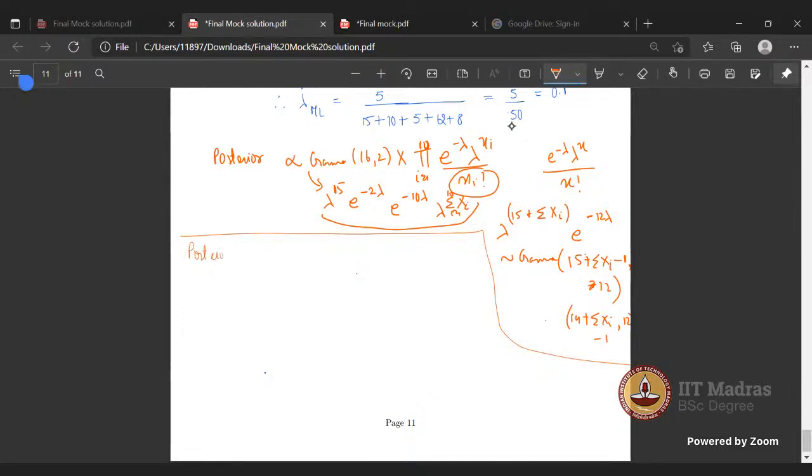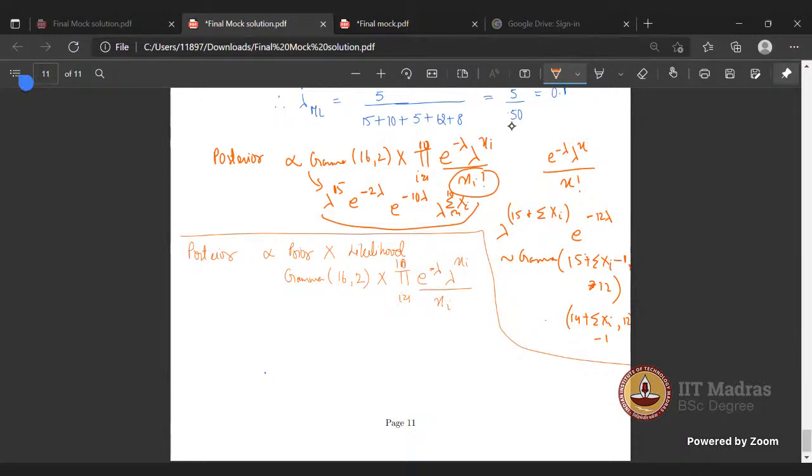The posterior is given by prior times likelihood. Now what is prior? Prior is your gamma distribution with the parameter 16 comma 2. And the likelihood is your Poisson distribution, that is given by e to the power minus lambda, lambda to the power xi upon xi factorial. I is varying from 1 to n, where n is 10.